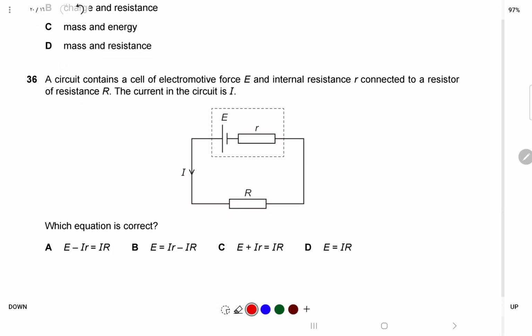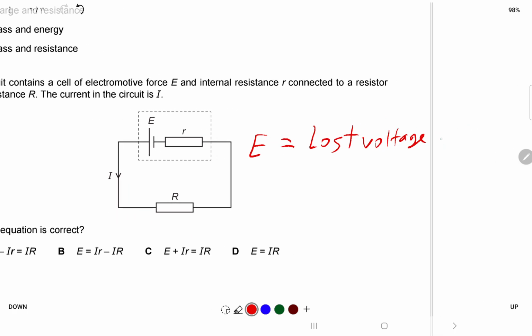Question 36. A circuit contains a cell of electromotive force E and internal resistance r connected to a resistor of resistance R. The current in the circuit is I. Which equation is correct? We know that the EMF is equal to lost voltage plus terminal voltage.